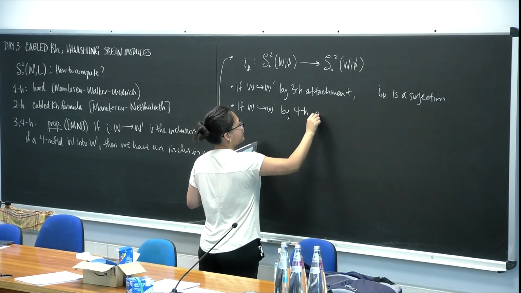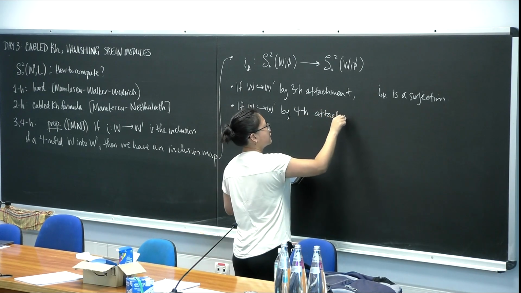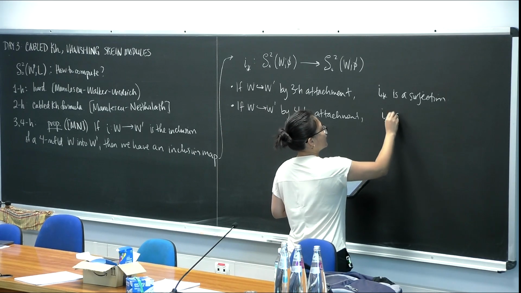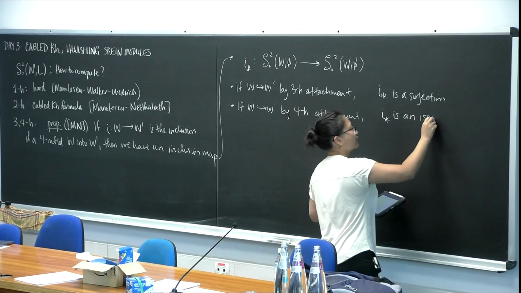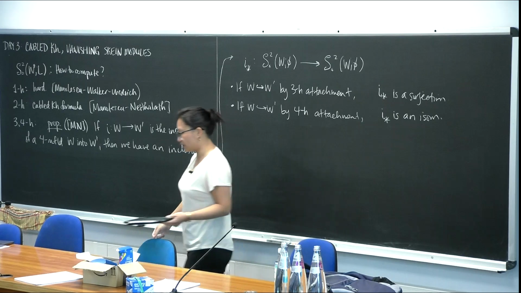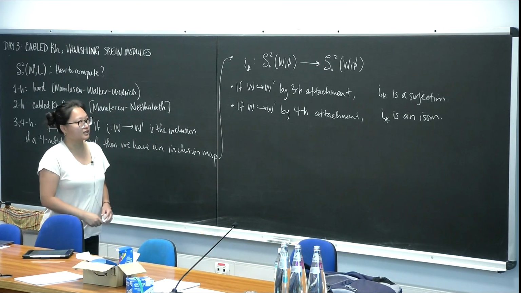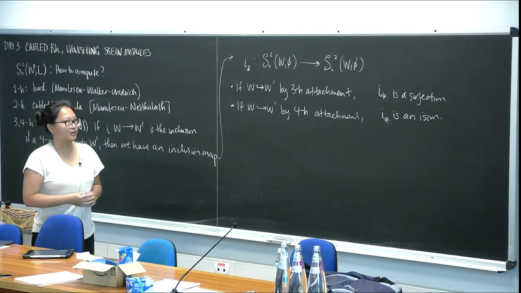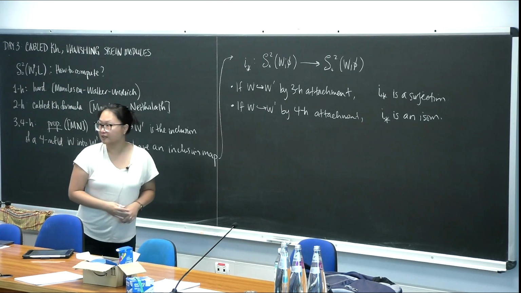If it's by a 4-handle attachment, then I star is an isomorphism. This is by basically thinking about just how many dimensions you have to wiggle around. Think about what the cocores of these handles are doing.